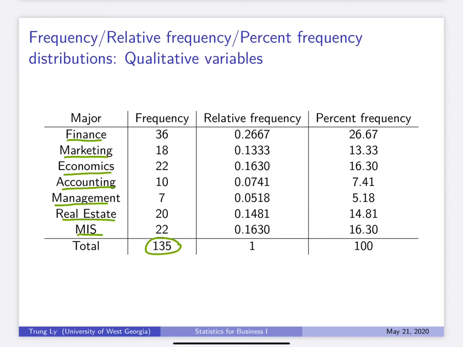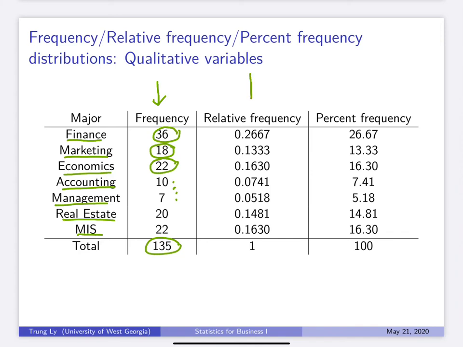In this column here, I have data on frequency. So in my data set, 36 of the 135 students are finance majors, 18 of the 135 students are marketing majors, 22 out of 135 are economics majors, and so on and so forth.